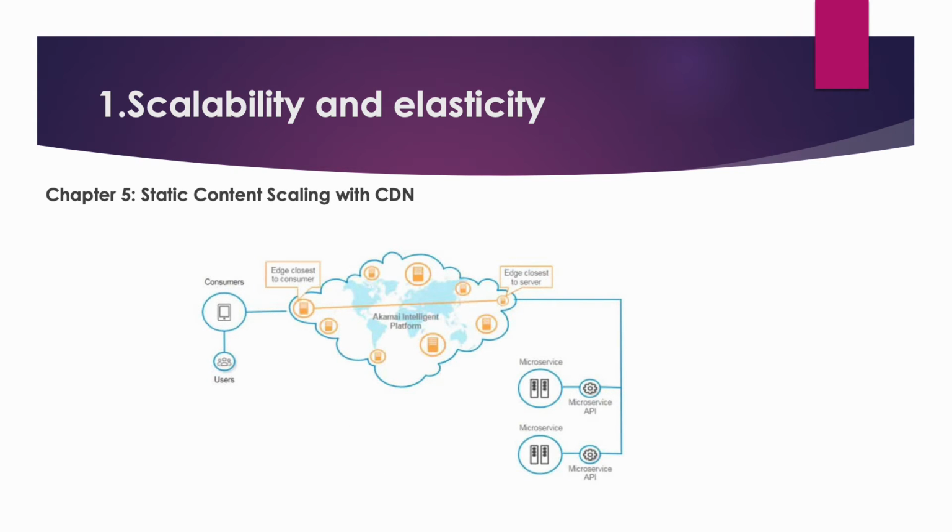An example of scalability is static content scaling with a CDN. Web applications are often heavy on static content like images and video. Storing this content on your website can be a latency issue. So, using a content delivery network like Amazon CloudFront can help. For example, a fashion retailer can cache images of products at edge locations worldwide, reducing load time for consumers accessing the site from a different region.